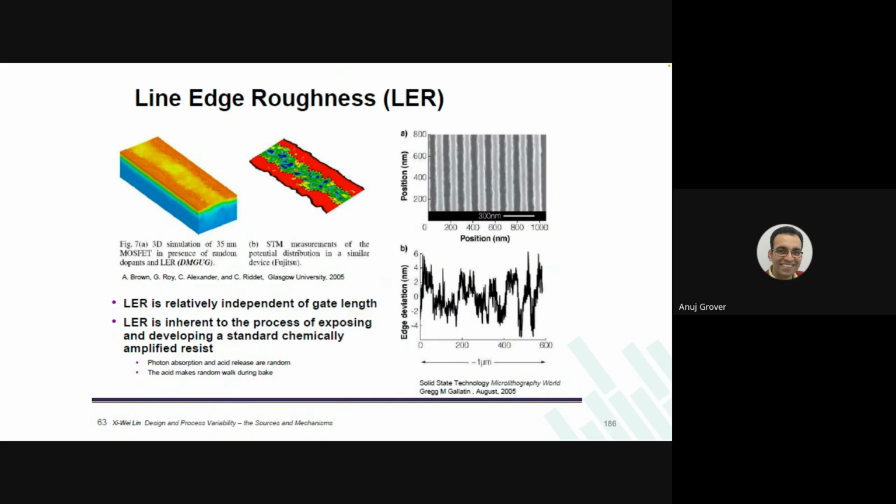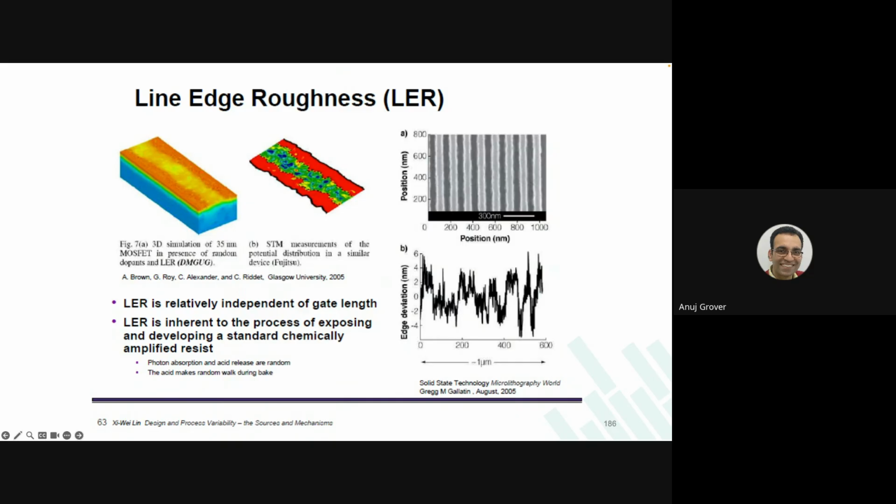And that is what is line edge roughness. This is not about the substrate there. This is about the gate being fabricated with multiple crystals of poly coming together. Is it okay? So this is also a random variation which you have to handle there.